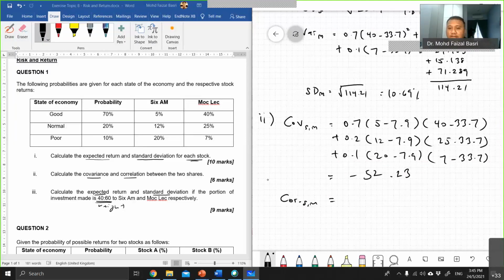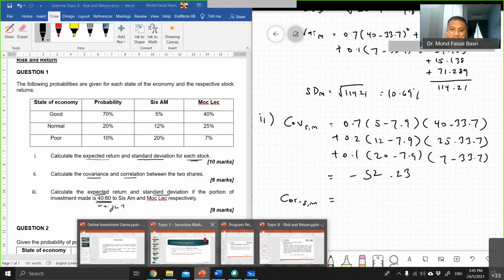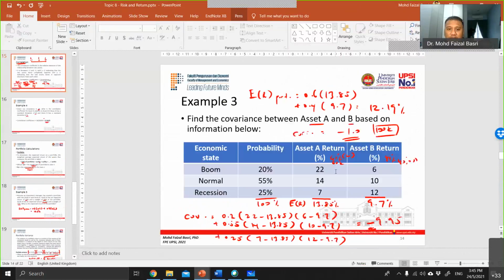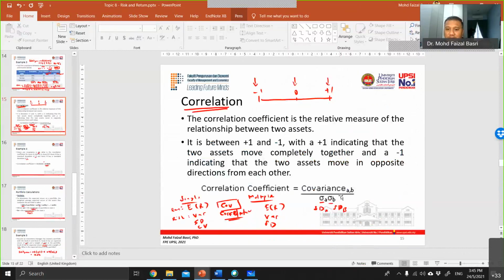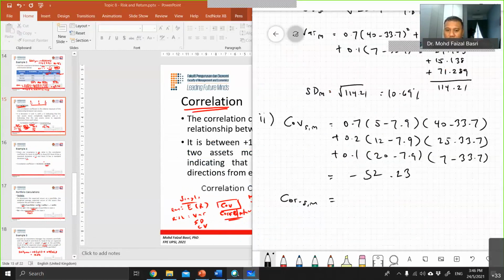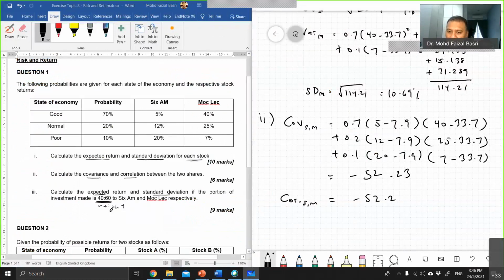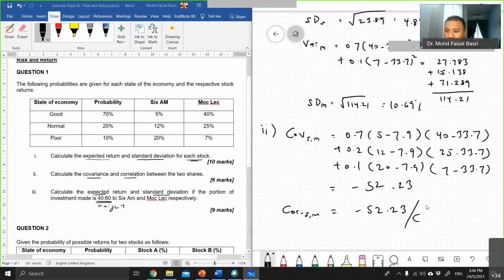If you remember, the formula for correlation is covariance divided by standard deviation A times standard deviation B. So our covariance is negative 52.23, and we divide by the standard deviation of S, 4.89, multiplied with 10.69.